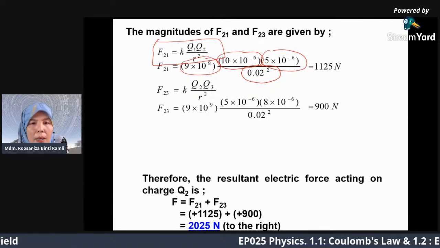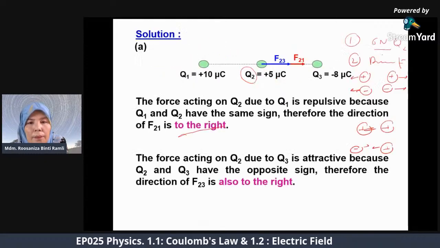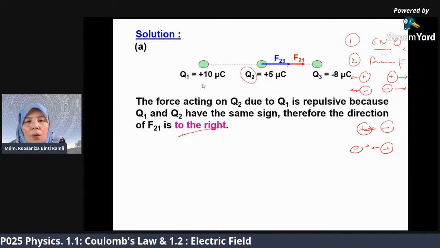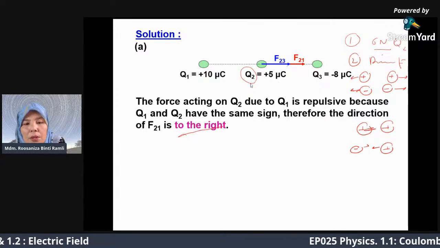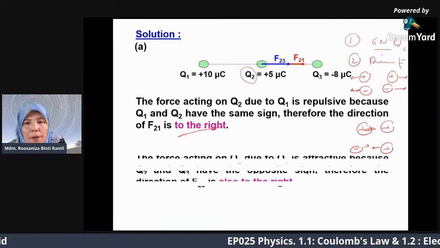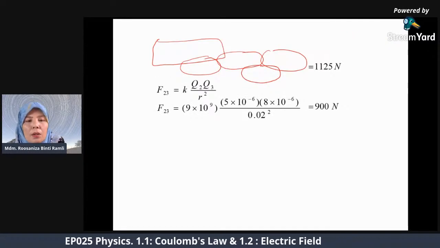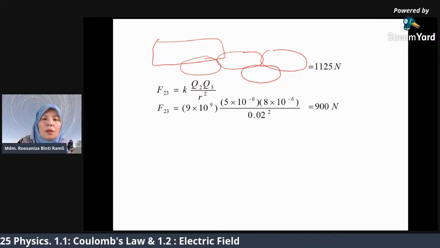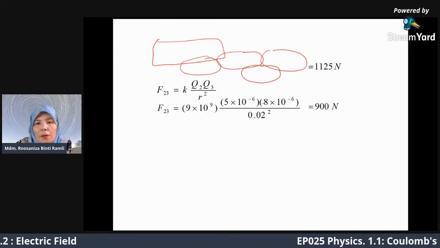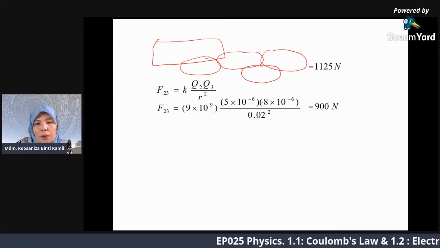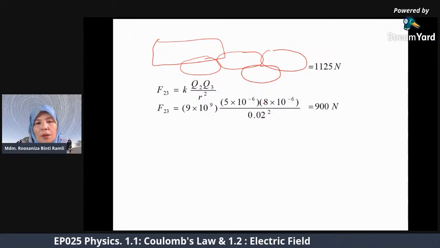You know that Q1 is positive charge, Q2 is positive charge, and Q3 is negative charge. To substitute the values in the equation, don't put the negative sign. You just put all positive values.